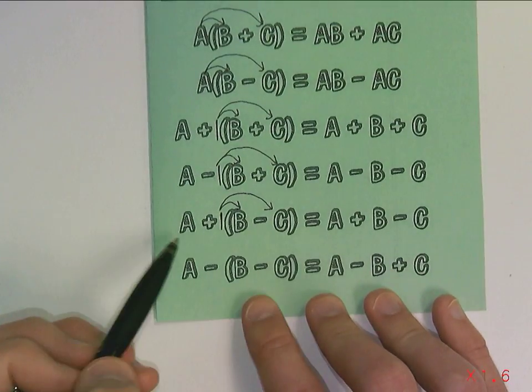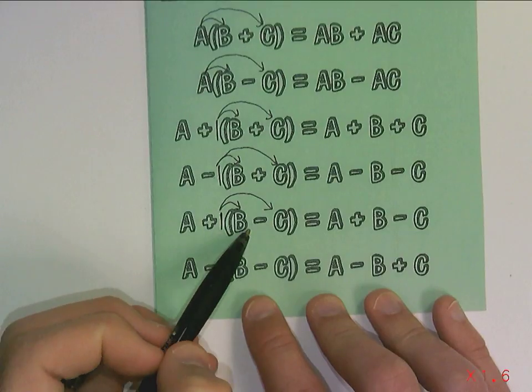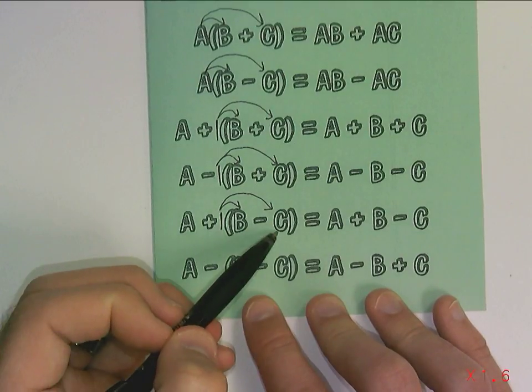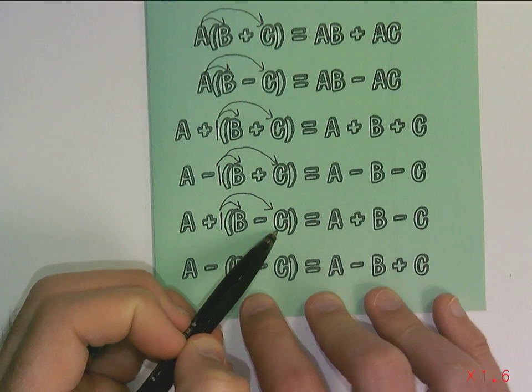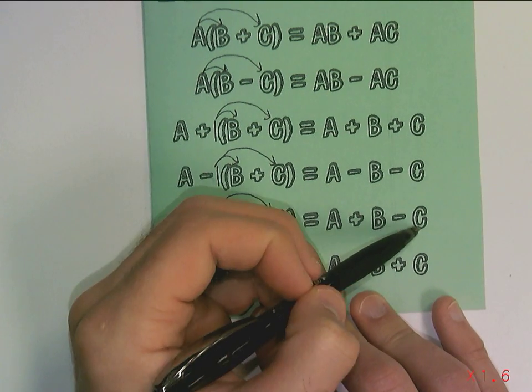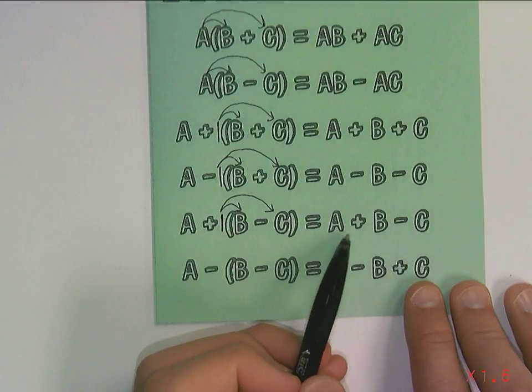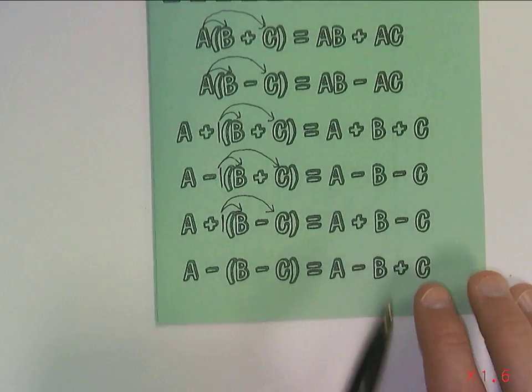So we'd have A, that'll stay. 1 times B would give me plus B. A positive 1 times a negative 1 would give me a negative 1, so I'd end up with a negative C, or negative 1C, leaving my final expression as A plus B minus C.